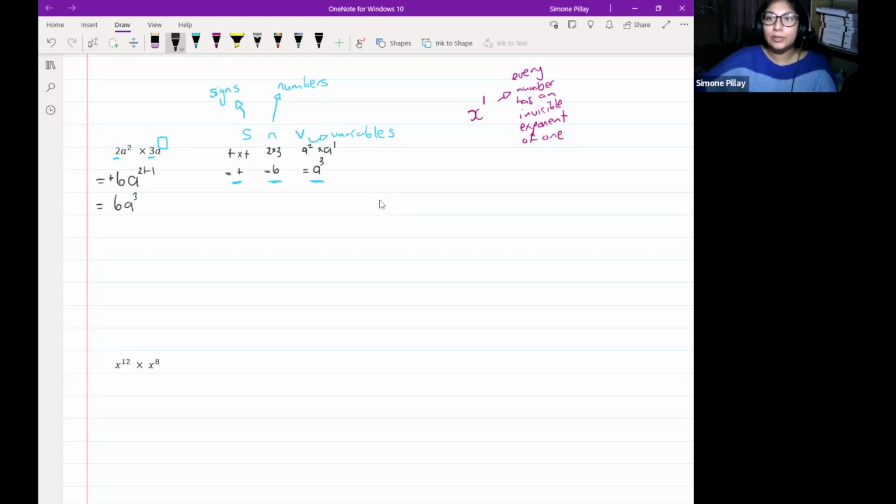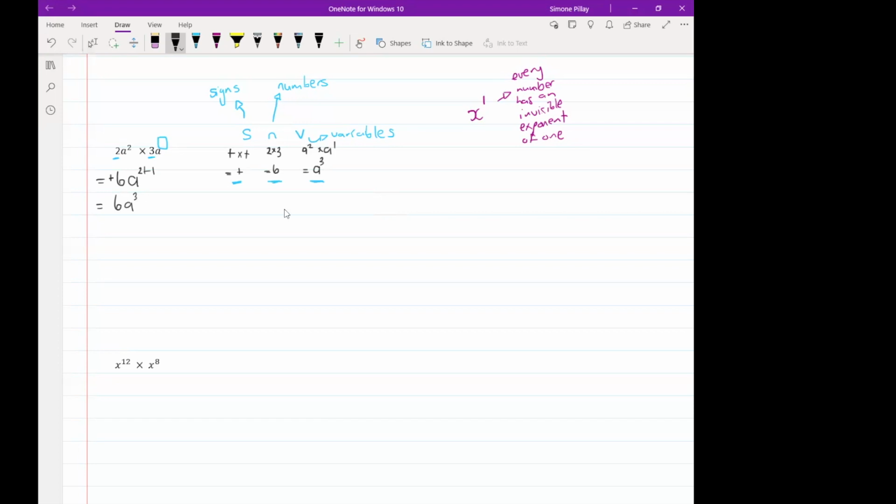Okay, Itandile, how do we do this? I'm going to say x. Since our base is x, we leave x, and since our exponents are 12 and 8, we're going to add our exponents, which is going to be 20.